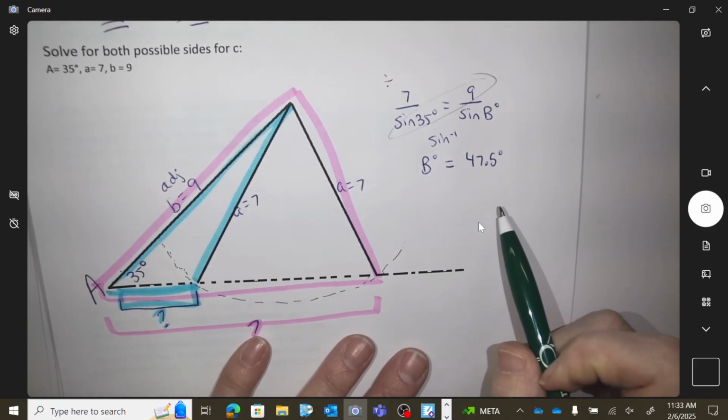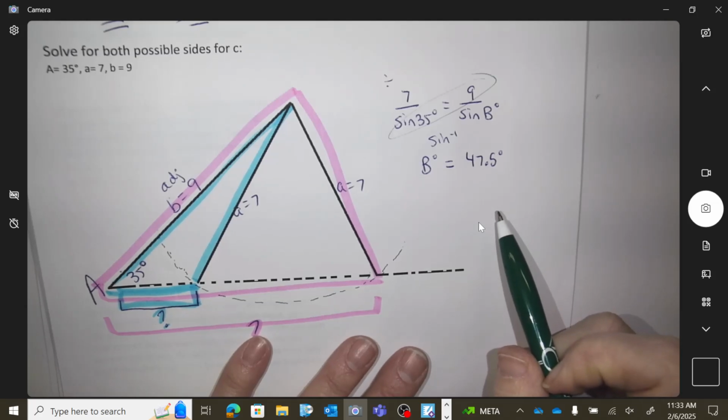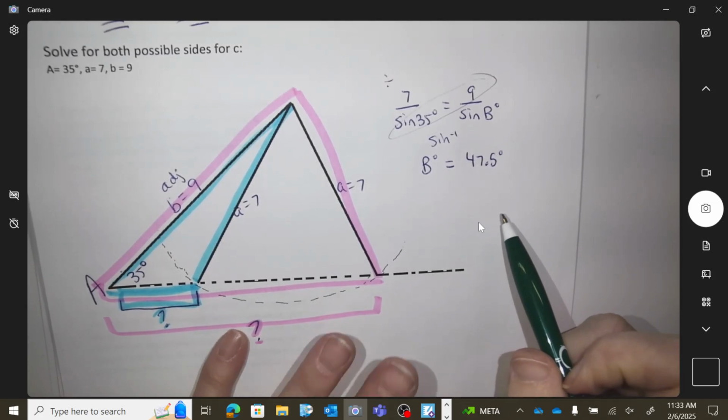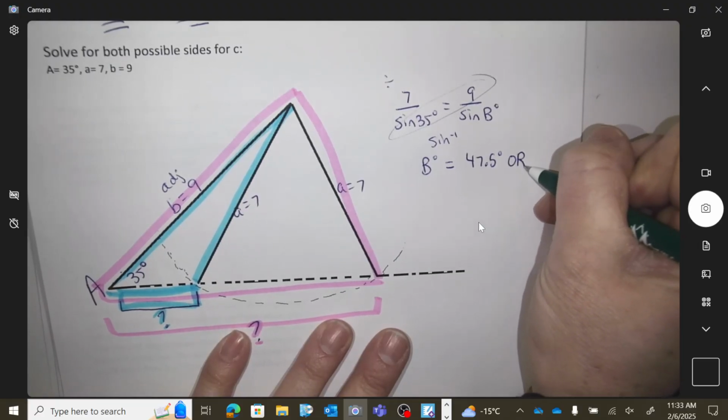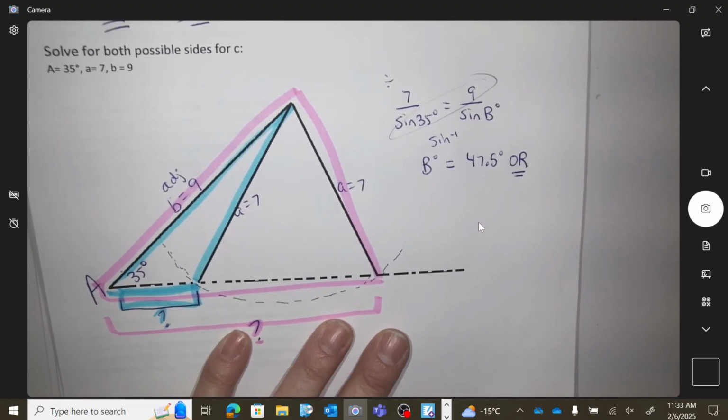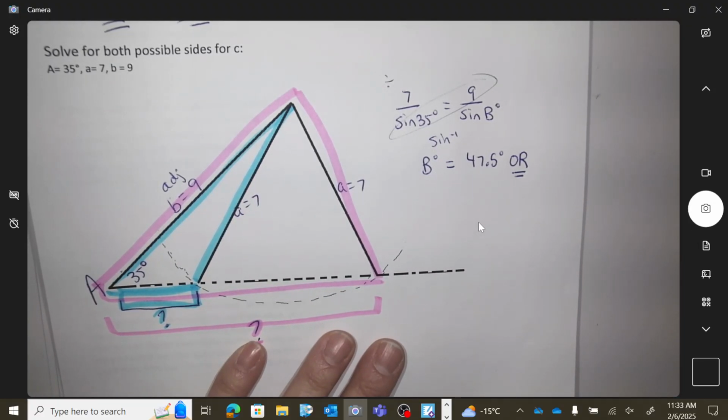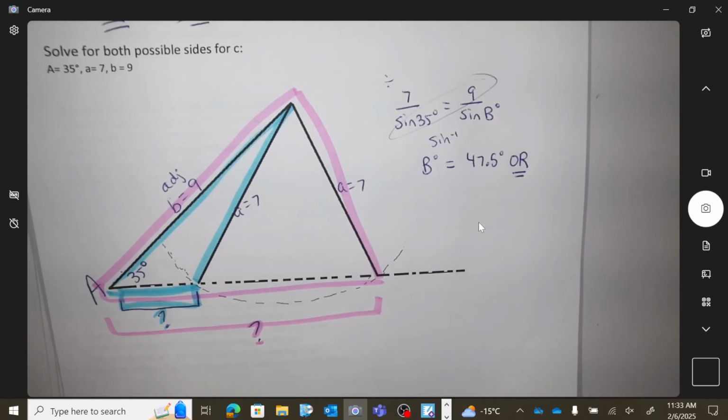Okay, if you wrote this down, great, you get half points. Why? There's an or. What's my or option?